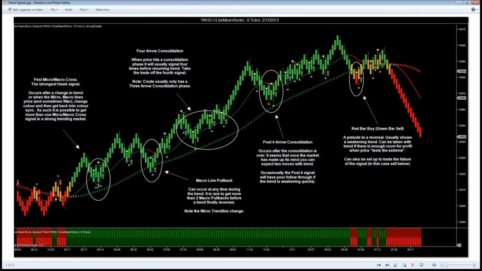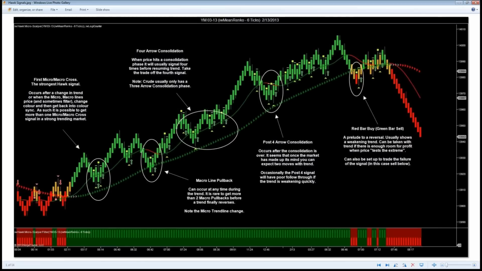And last, we have the red bar buy, or its bearish counterpart, the green bar sell. This is usually a signal that occurs near the end of a trend. It tells us that the trend is softening, and it is also our counter trend signal.